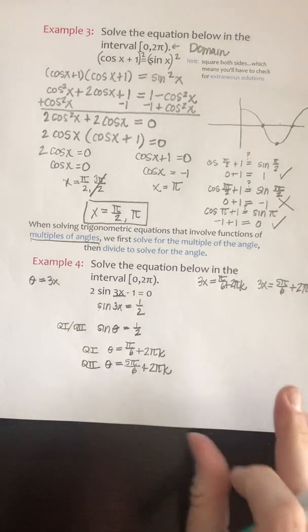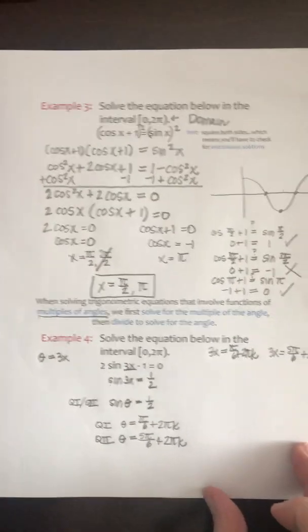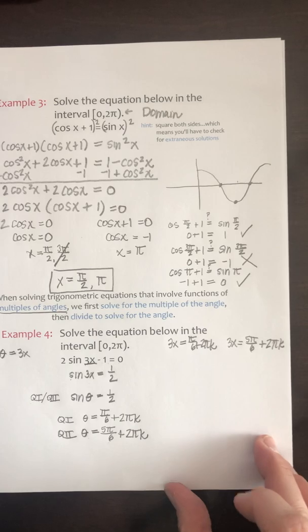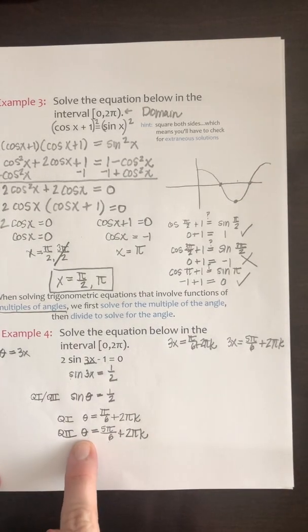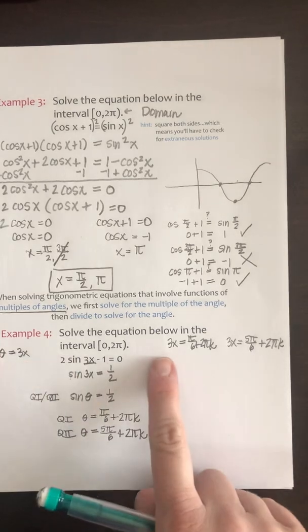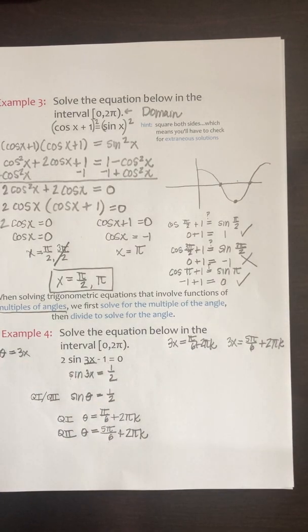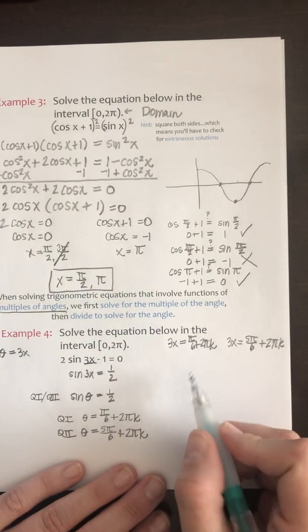Because in our problem, we didn't have theta, we had x. So we now need to solve for x. Does that make sense? So I'm taking the theta out, I'm replacing it again with the 3x, which is what we originally started with. So now I've got to solve for x.